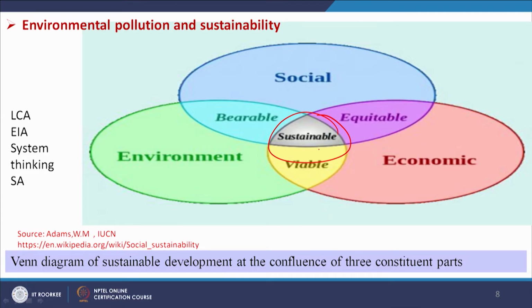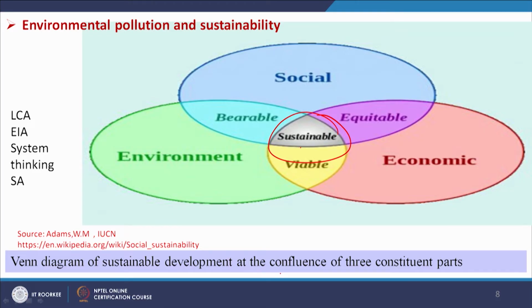Since the environment is disturbed due to the pollution, we cannot attain the sustainable society. Although we can achieve the economic target and social equity, still the system cannot be sustainable. To make it sustainable, environmental sustainability is essential, and for that we have to do something.